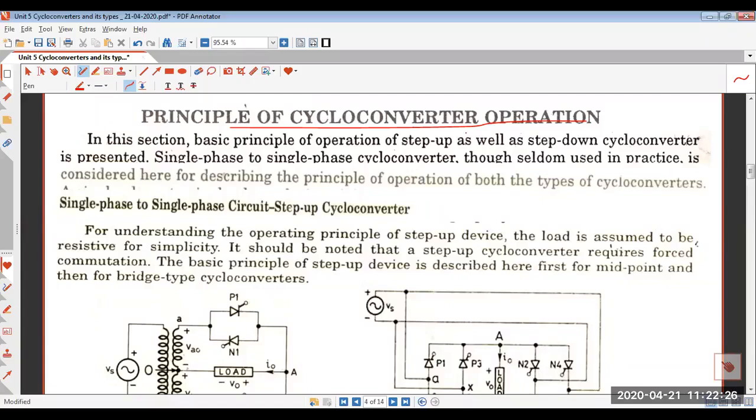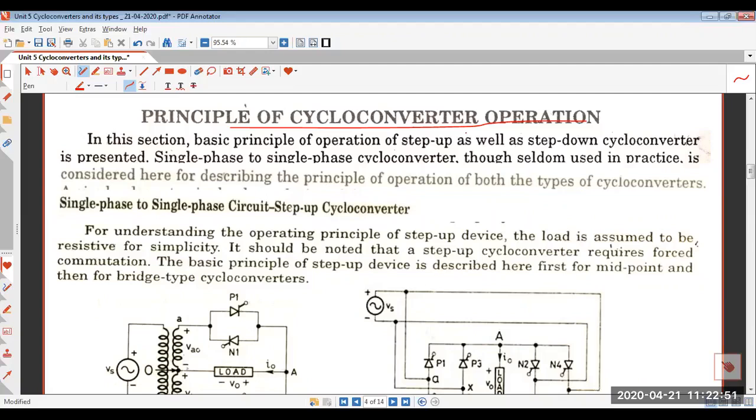Similarly, we have single phase cycloconverters and three phase cycloconverters. Then we have single phase to single phase, single phase to three phase, three phase to single phase, or three phase to three phase cycloconverters, right? It is all based on the various applications. We have all these categories, right?